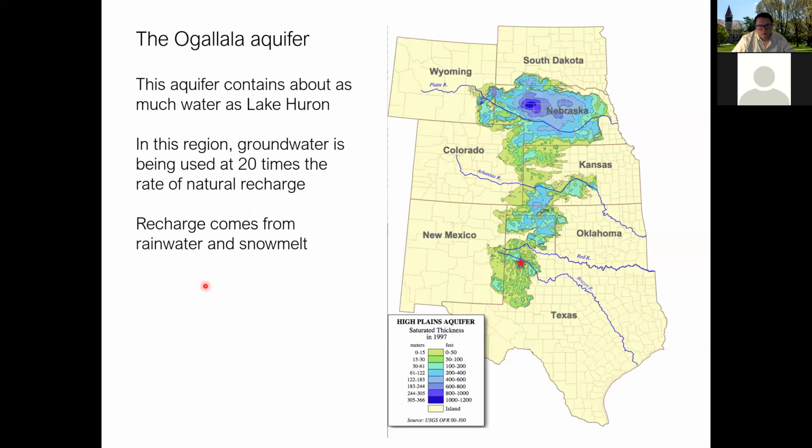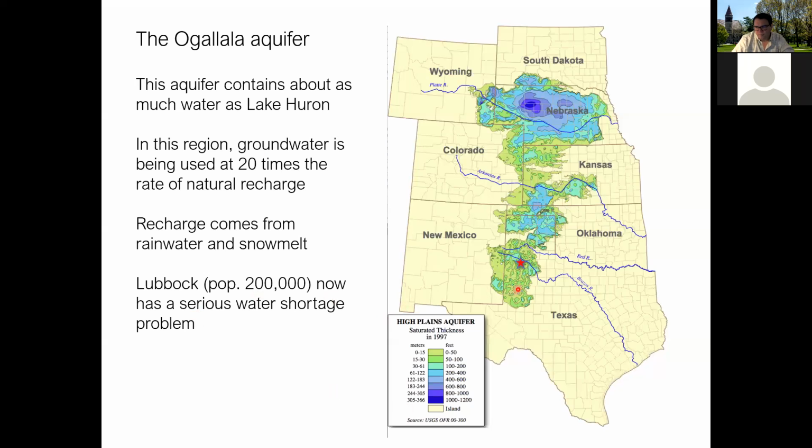Occasionally, when you have strong El Nino years, as we talked about, you see major rains in North and South Dakota, which is above the High Plains Aquifer, and that can contribute some water. So the bottom line is there's not a great prospect for rainwater. Most of the water comes from snowmelt in the Rockies, although most of the snowpack is on the west side of the Rockies, so it doesn't greatly influence it.